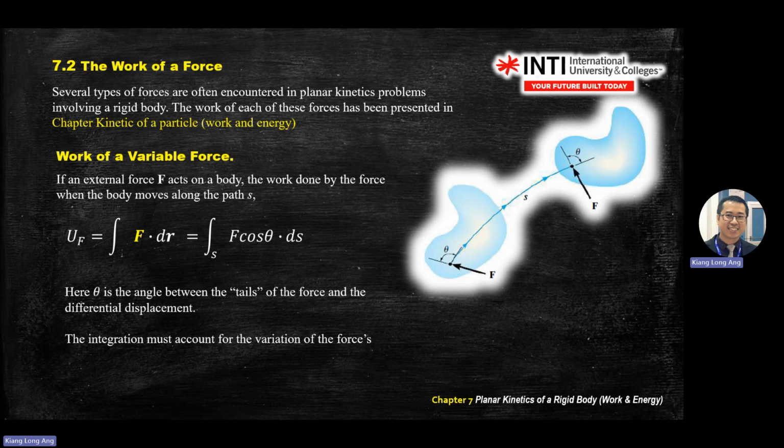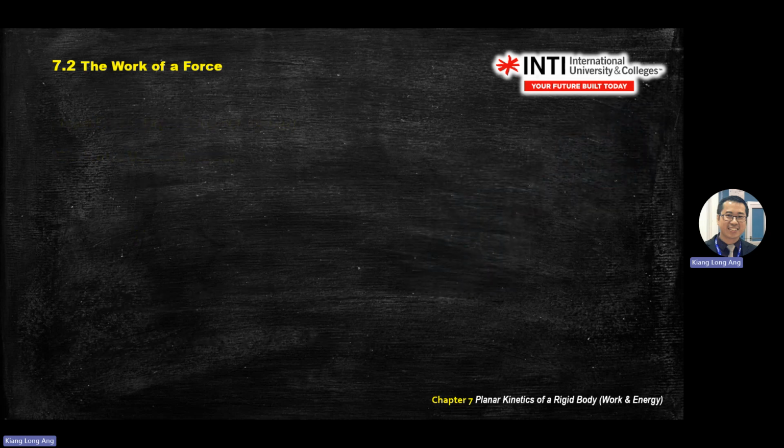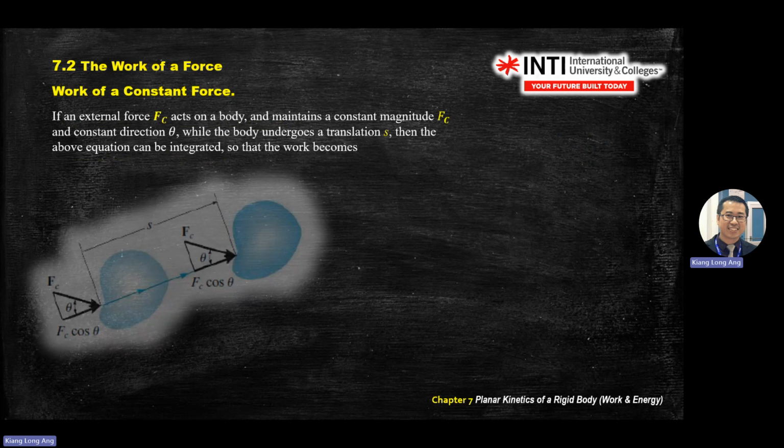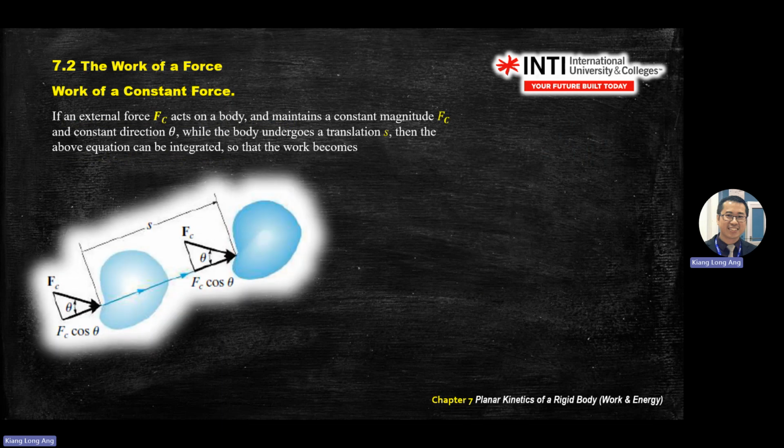This means the tail is at the back of the force. Let me give you an example. This one you learned in your particle chapter. If you have a constant force, for example Fc here, and your object moves in this straight line, again you can split your force into vertical and horizontal.